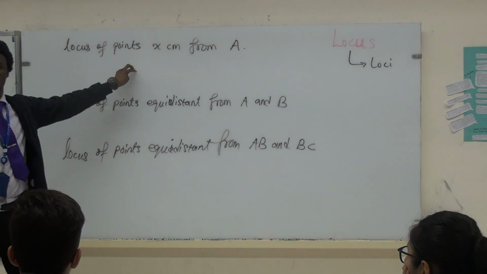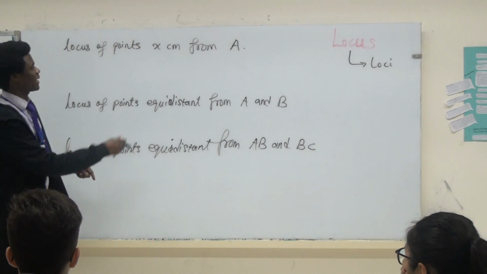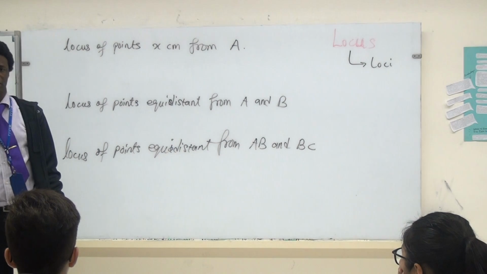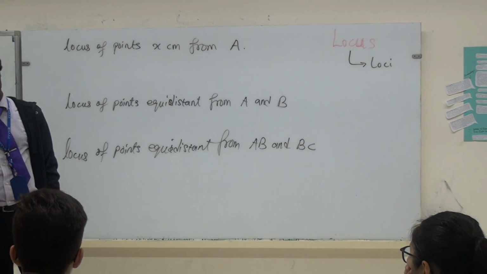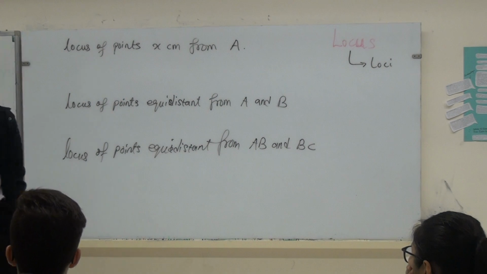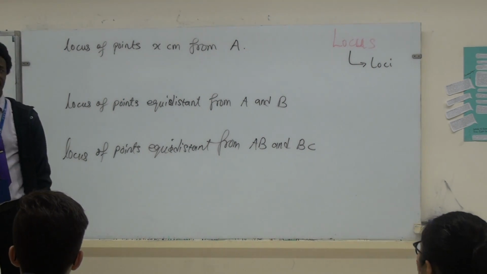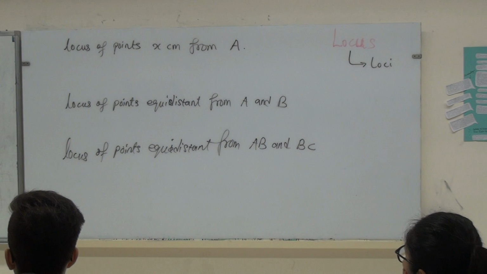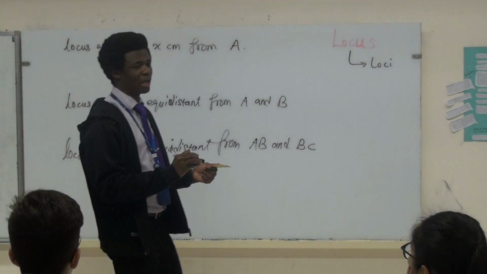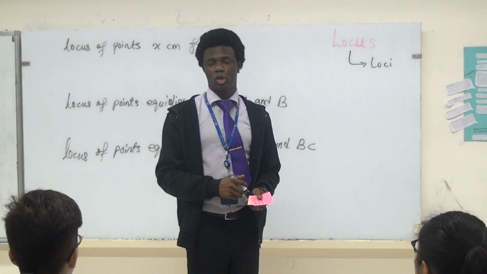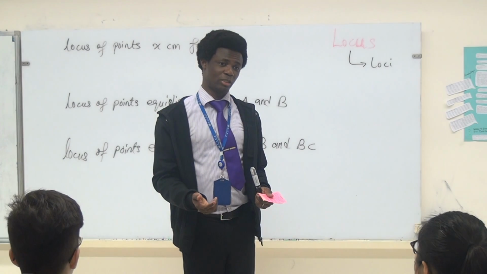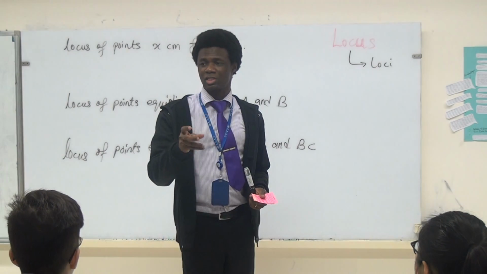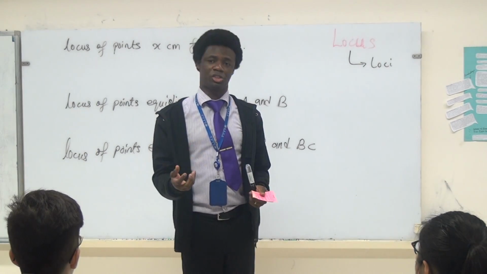So, anybody? Locus of points, X centimeter. Take X as any number, okay? What do you think that means? Or let's start with what does locus mean itself. I wrote the definition for you here. A locus could be a line, a curve, or any other shape that will satisfy a particular condition.